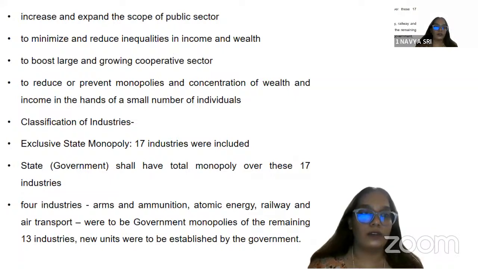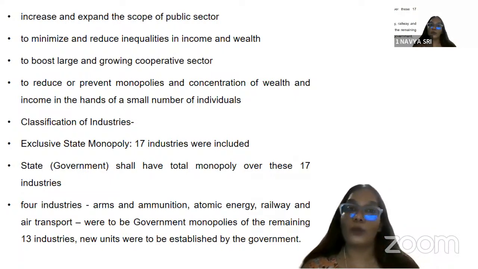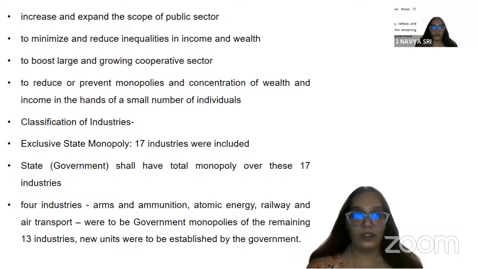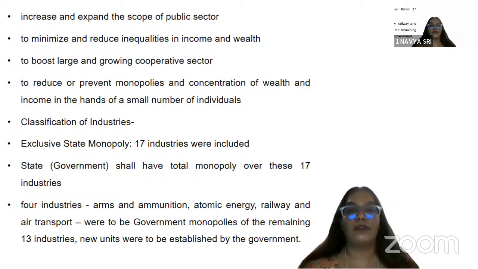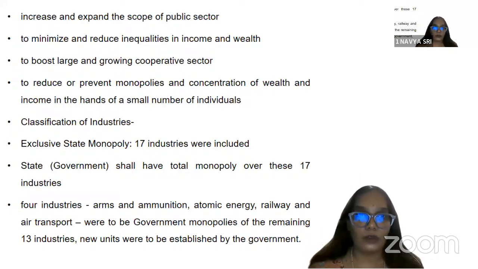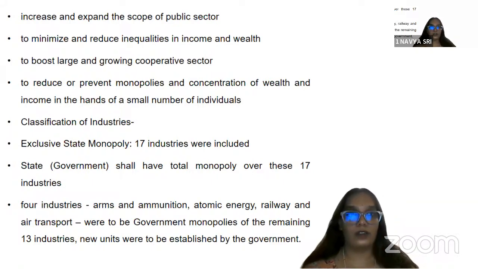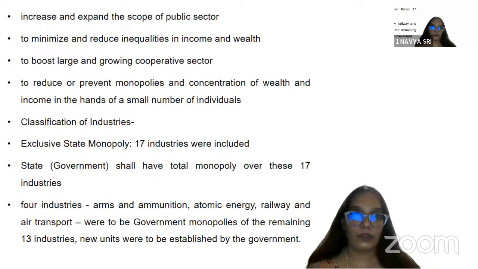So what happens now? This leads to increasing and expanding the scope of public sector industries, and to minimizing and reducing inequalities in income and wealth, as unemployment could be tackled and poverty could be eliminated through the establishment of industries where job availability is promised.